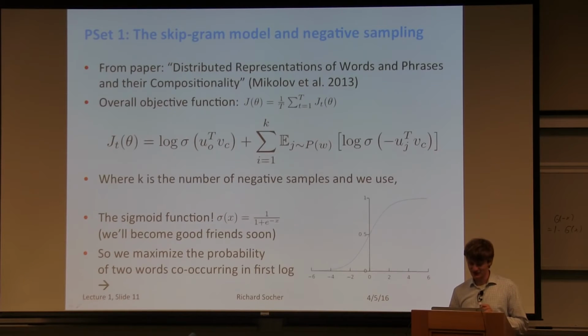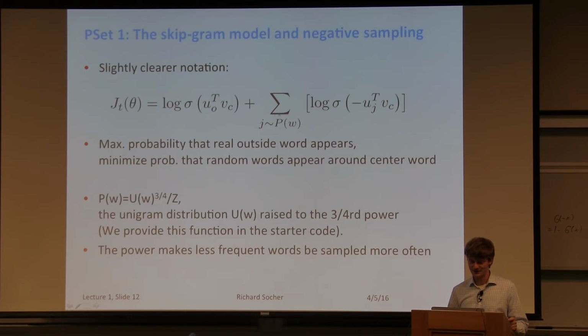Here it's just a slightly cleaner notation. Instead of summing over this index, you sum over k and then you sample j. Sometimes we just write that we sample a couple of j indices from our word distribution, and somebody already asked, is it a uniform distribution? One thing that often makes sense is to sample more frequent words more frequently, and the answer is that empirically something that worked was to take the unigram distribution, just how often each word appears in general in the corpus, raised to the 3/4 power.